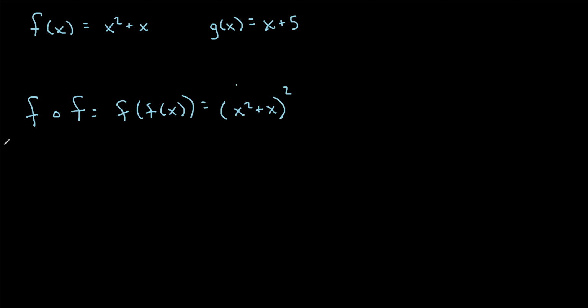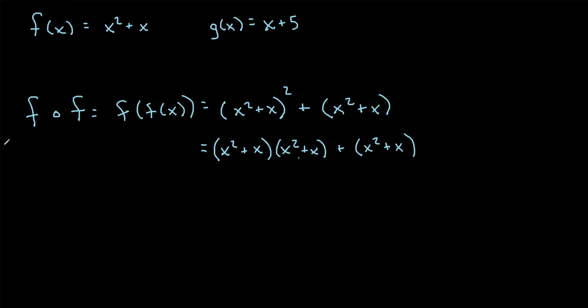And instead of writing an x, we're going to rewrite it as x squared plus x. So now we just need to simplify. So once again, this x squared plus x, squared, we could rewrite that as x squared plus x times x squared plus x. And then we've got this plus x squared plus x.